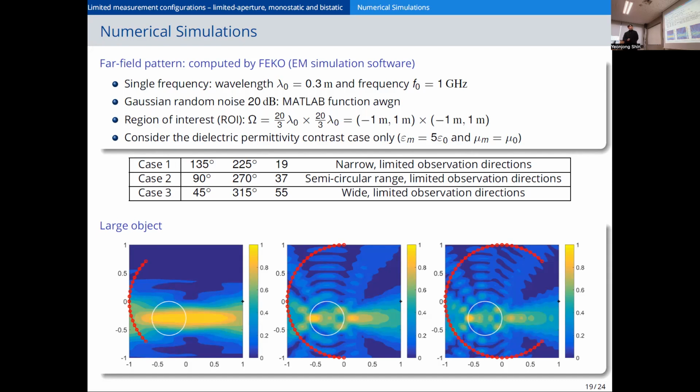To handle this problem, I think that we need to apply multiple frequencies. So we also suggest an alternative or improved version of the numerical simulation version of the DSM, but I don't include that part in this presentation.